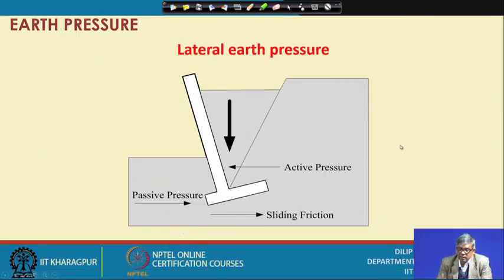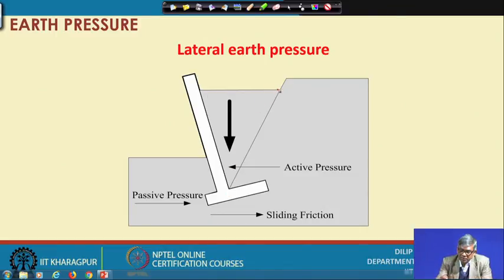Whereas in the at rest condition we have shown the wall is intact, but when there is lateral earth pressure, active or passive, you can see this is of course exaggerated. The wall is here, and this type of wedge will form and try to go down.